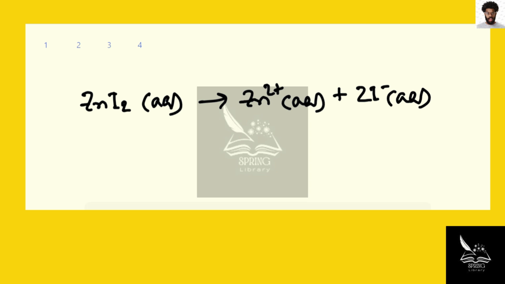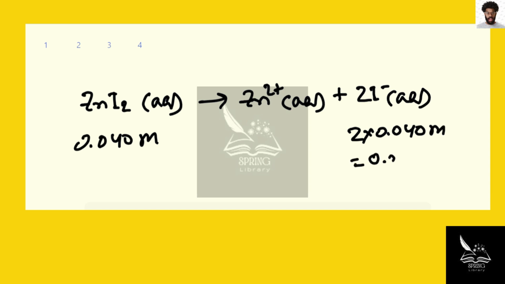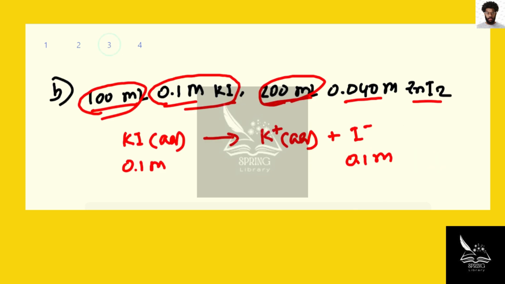That means if the zinc iodide concentration is 0.040 molar, that means iodide ion concentration will be 2 times 0.040 molar, which will give us 0.08 molar. So here we can see that 0.08 is less than 0.1. That means in this case, 0.1 molar KI will have higher iodide concentration than 0.04 molar zinc iodide.